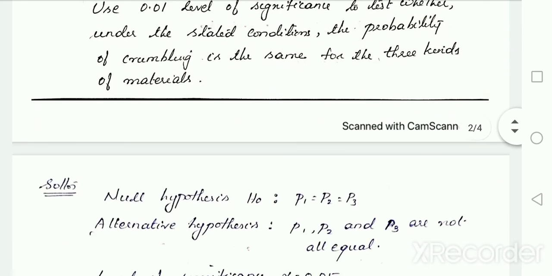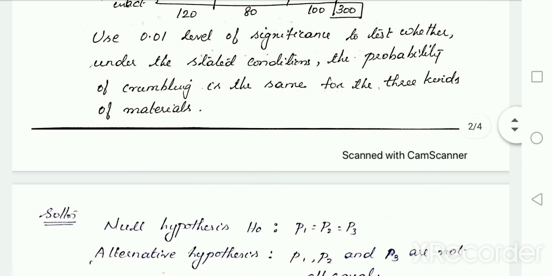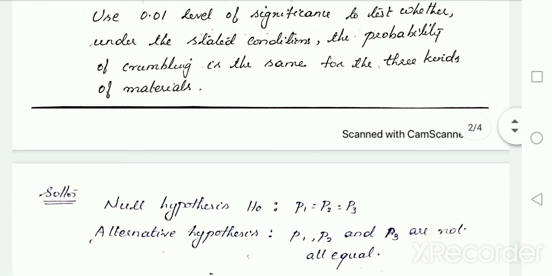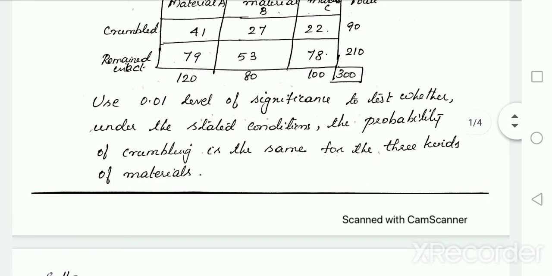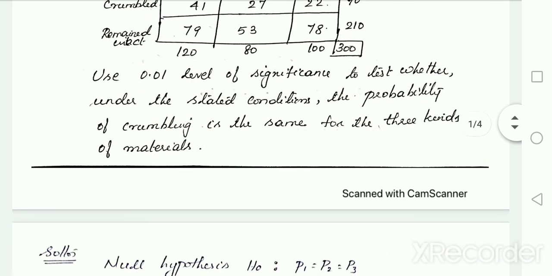So in the solution we have to take in the null hypothesis that all the values are equal, or all the proportions are equal. Proportions means, out of 300, the first material is 41 out of 120; P2 is out of 80, P3 is out of 100. So those are the proportions.